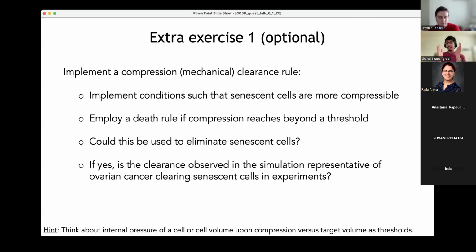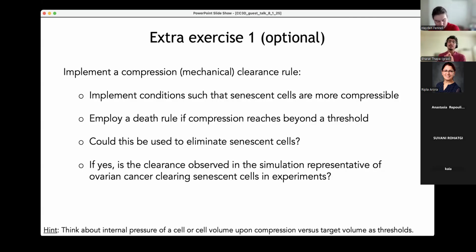And that's your fraction now. If that fraction goes below a threshold, let's say 0.2 or 0.5, as it was in the perimeter rule, then you're killing the cell. So that's a very crude and simple way of implementing a compression rule.